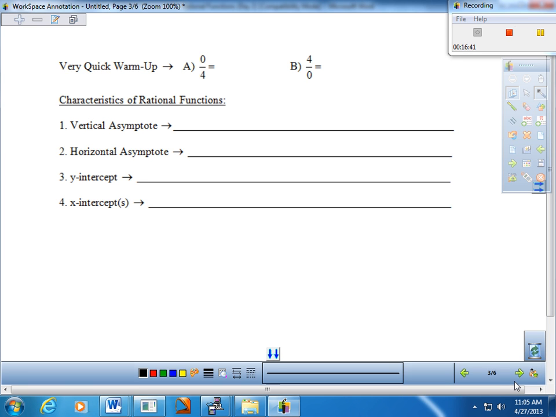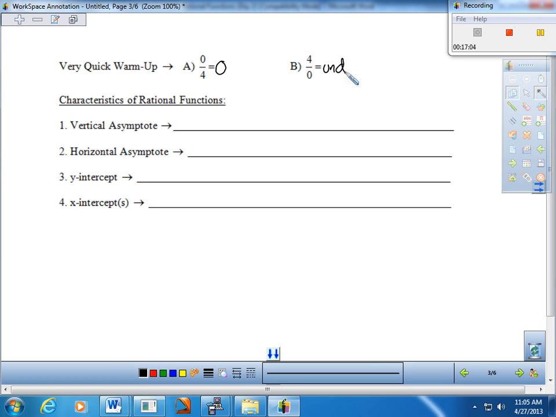So a very, very quick warm-up here, and I don't mean to dumb this down too much by any means, but I think it'll help us answer these questions right here. So if I ask you 0 divided by 4, you get an answer of 0. If I ask you to do 4 divided by 0, of course that is an operation we can't do, and that would be undefined.